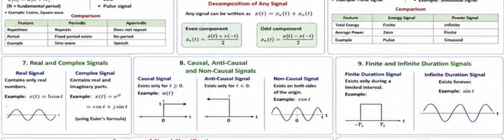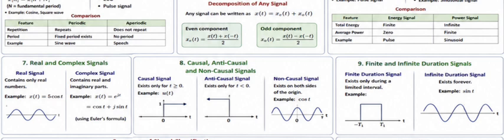For example, x of t equal to e to the power of j t, I can decompose that as cos t plus j sin t by using Euler's theorem. From this, we'll be able to see that it has the real term and also the imaginary term. Okay.